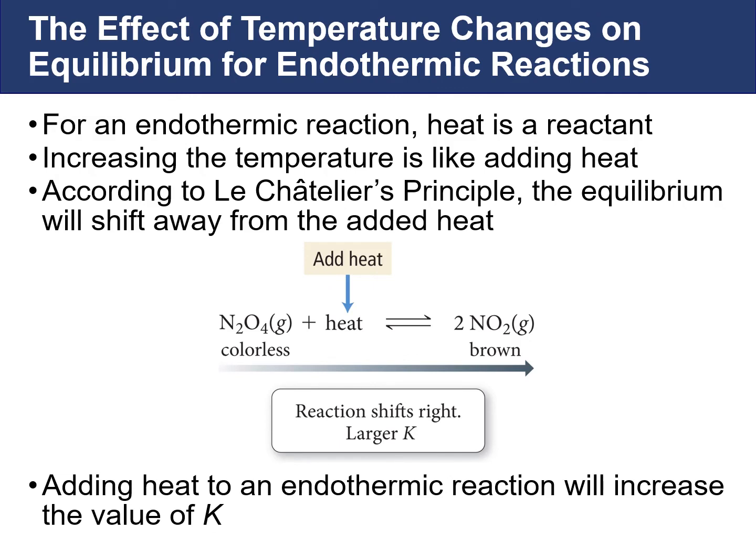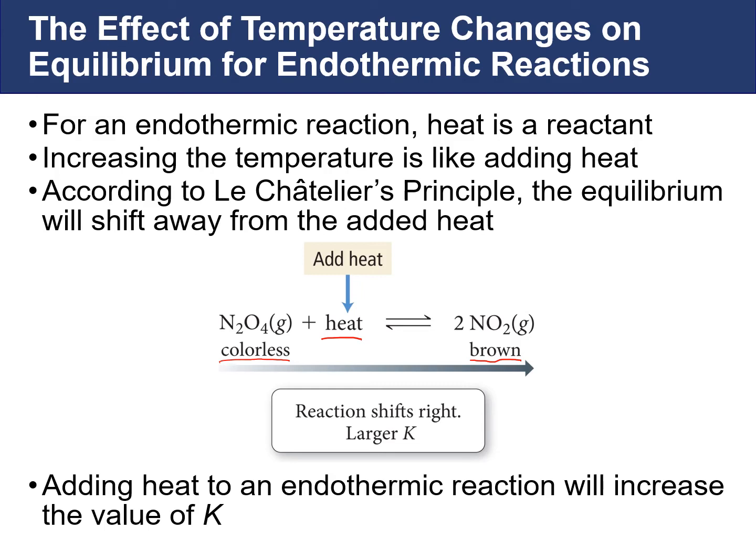Conversely, for endothermic reactions, heat is a reactant. We will write heat on the reactant side. Increasing the temperature is like adding heat. So if we're increasing the temperature for this particular system, N2O4 plus heat goes to NO2, what we would see is that our colorless gas, which is the N2O4, the container would end up turning sort of a dark brown from the formation of NO2.